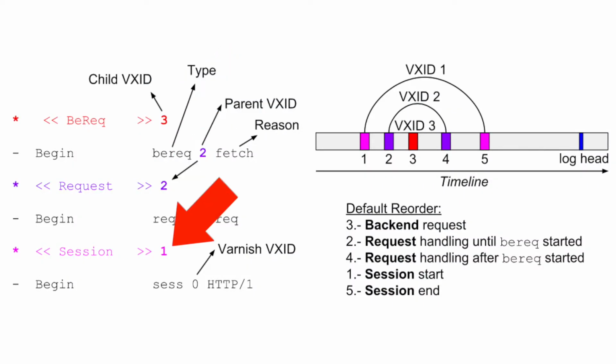The transactions themselves have their own VXID, 3, 2, and 1, and the begin tag refers to its parent VXID. So you can see that the backend request depends on ID 2, which is the request. The request depends on VXID 1, the session. And the session itself has 0 as its parent transaction ID because it really doesn't depend on anything.